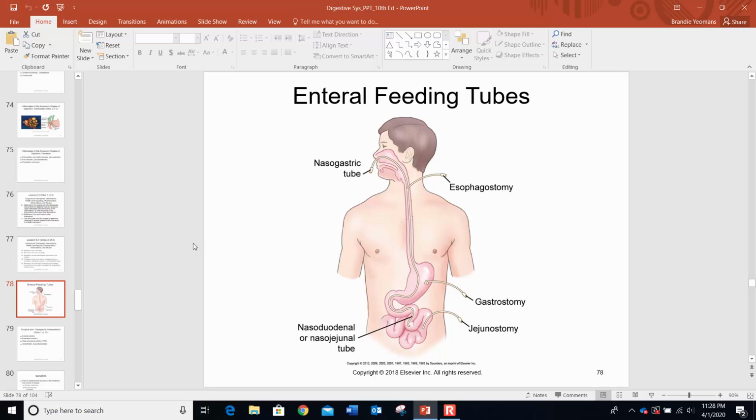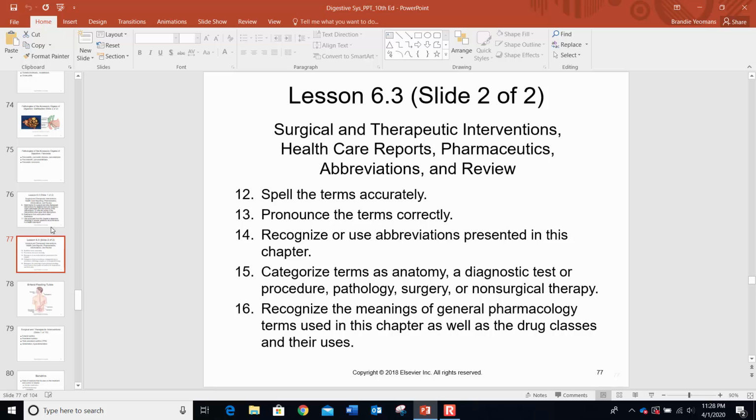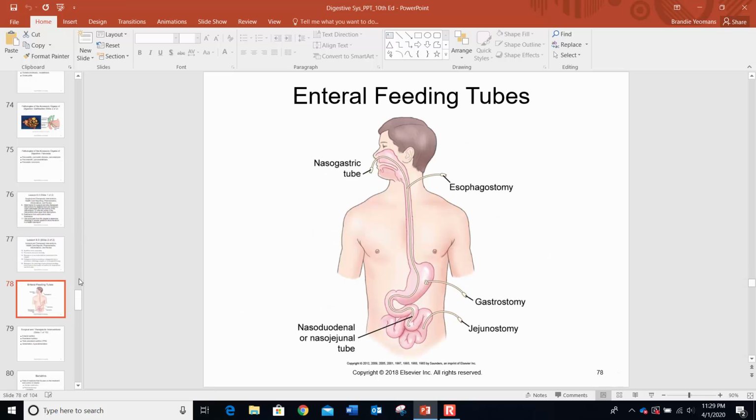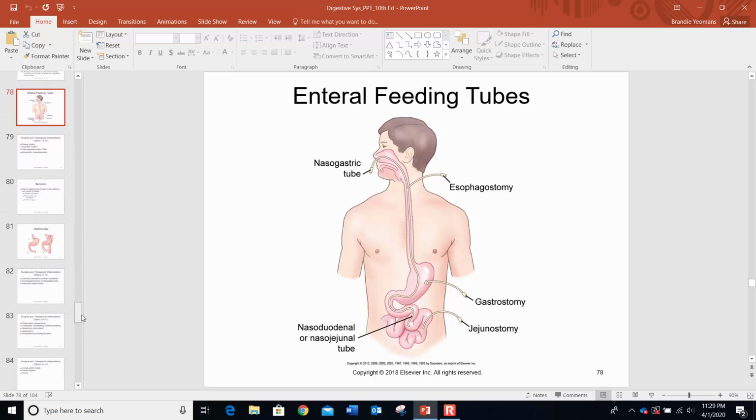So let's look at some of the therapeutic surgical interventions. Feeding tubes are common with our patients in the hospital.